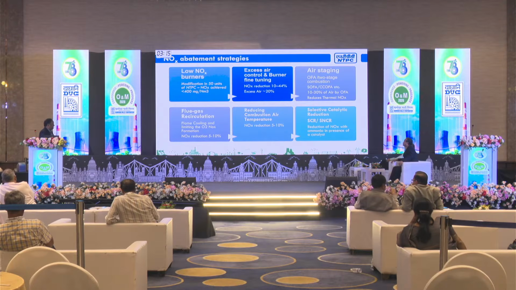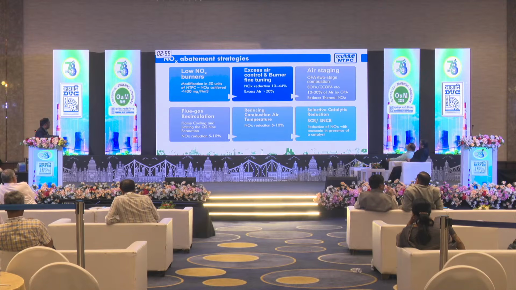Air staging modification offers two-stage combustion, as discussed in the previous slide: first primary combustion, and through SOFA, secondary combustion. It has the capacity of NOx reduction of 10 to 30%. This is the most important tool.